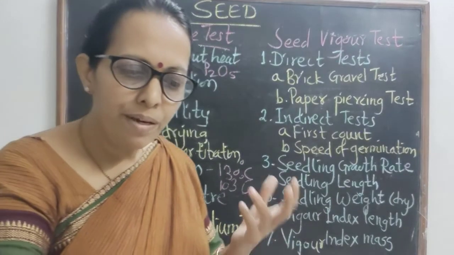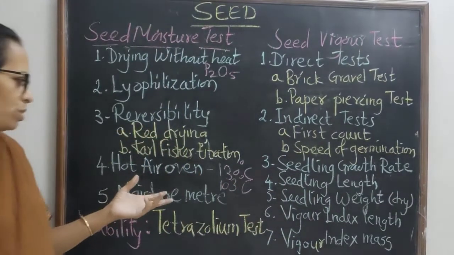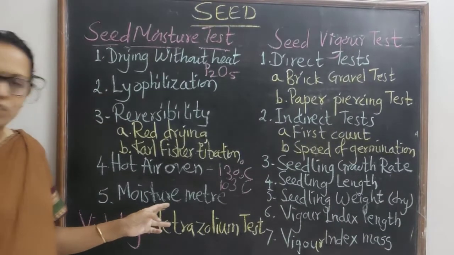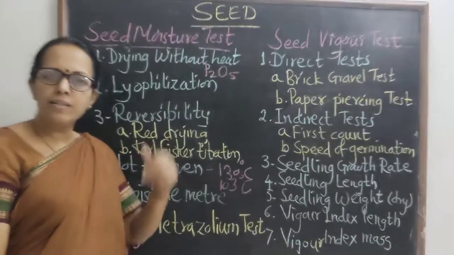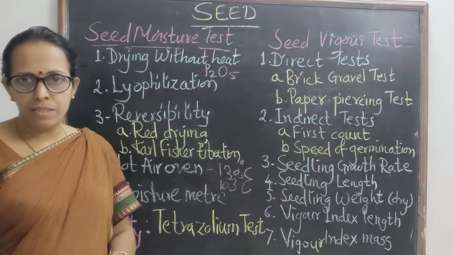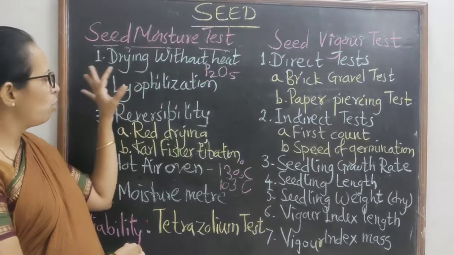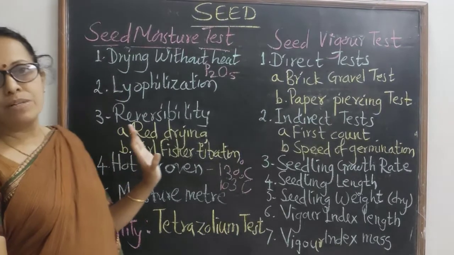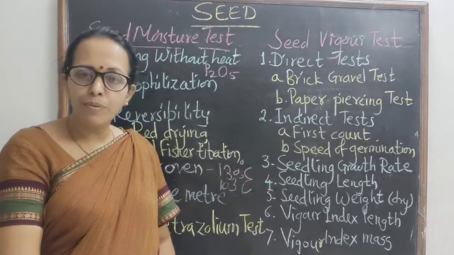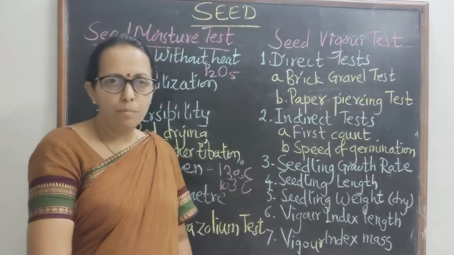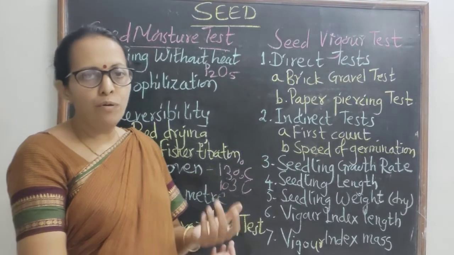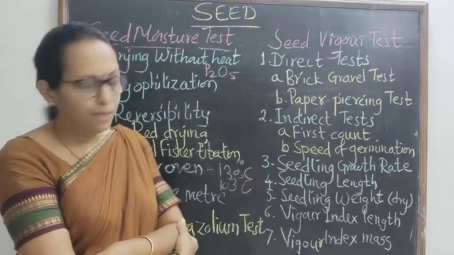You can even use a digital meter for measuring the moisture percentage in the seed samples. So these are all the methods useful in calculating the moisture of seed samples before using them for sowing or before determining their maturity.